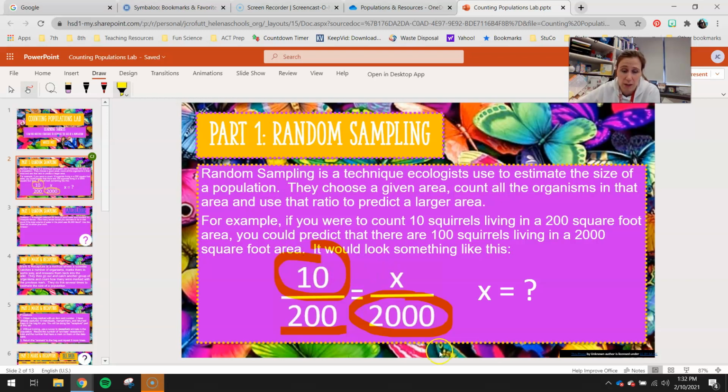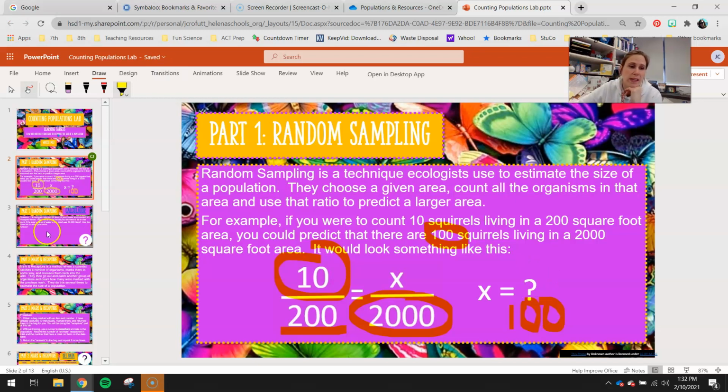This is just solving a ratio: I take 10 times 2,000, which is 20,000, divide it by 200, and my answer is 100 squirrels.